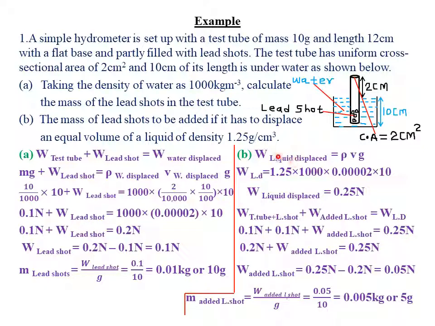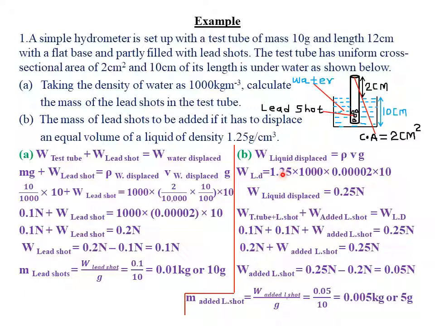Then we know that upthrust will be equal to the weight of the liquid displaced, which is equal to rho Vg. So that is the density of the liquid displaced times the volume of the liquid displaced multiplied by gravity. The density of the new liquid being displaced is 1.25 gram per cubic centimeter.